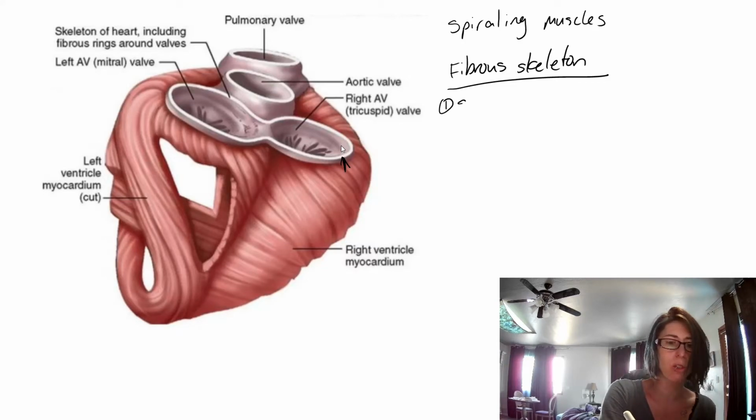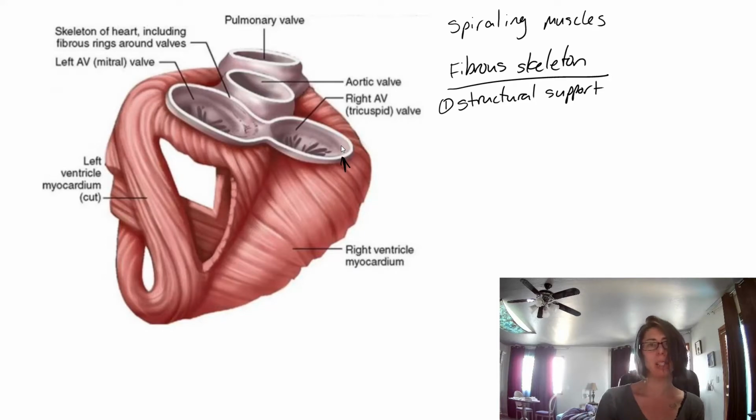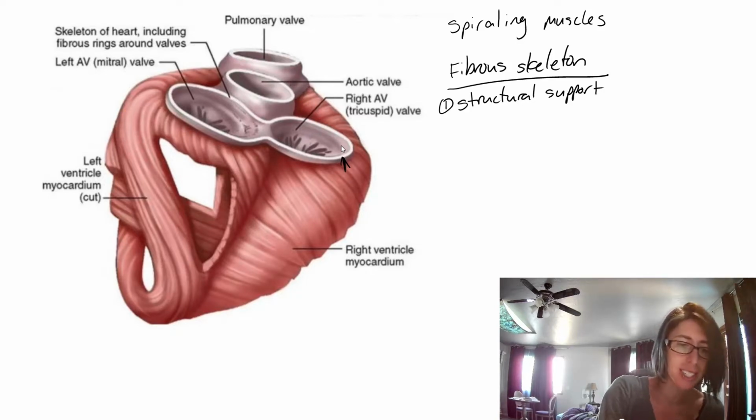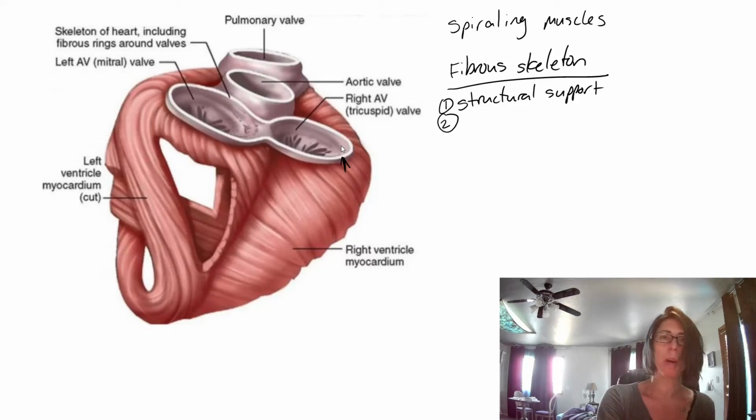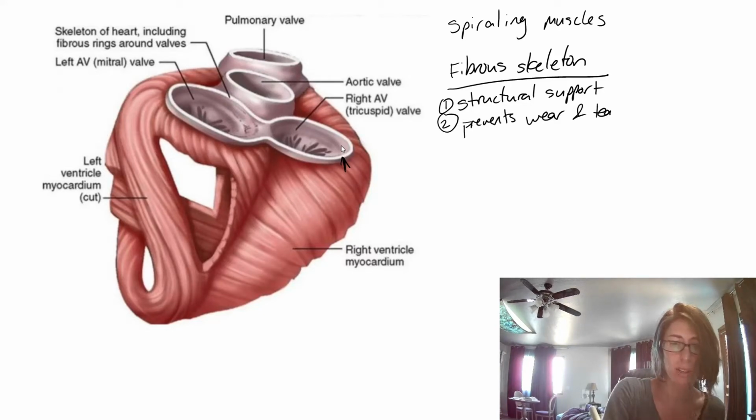So one is structural support. The heart has 4 chambers where blood is held, and so the fibroskeleton provides support for those chambers. It also prevents wear and tear from constant stretching.